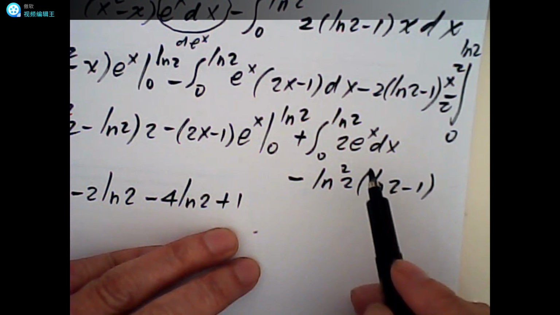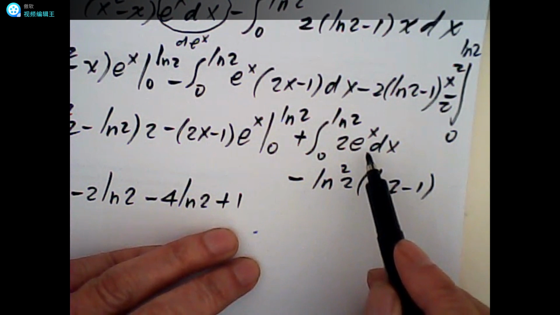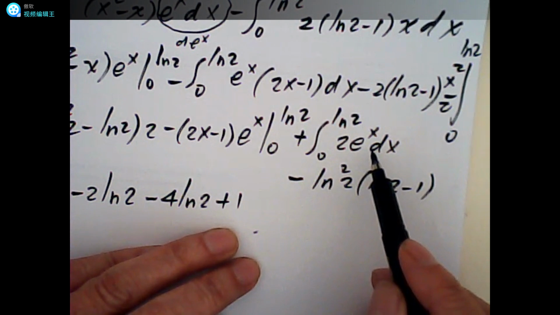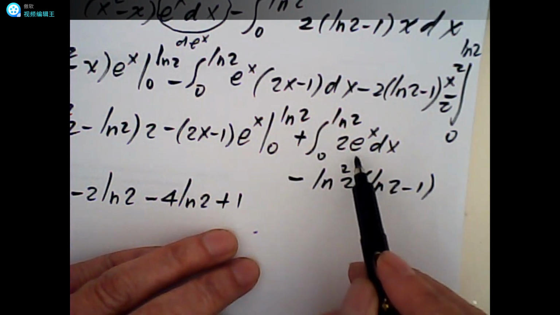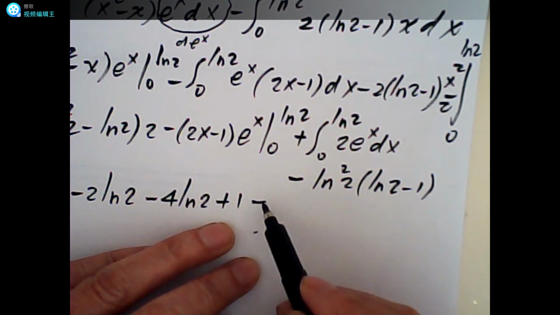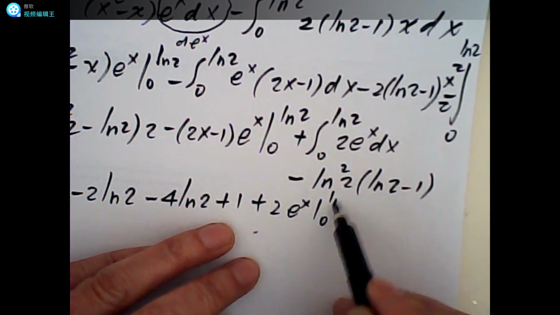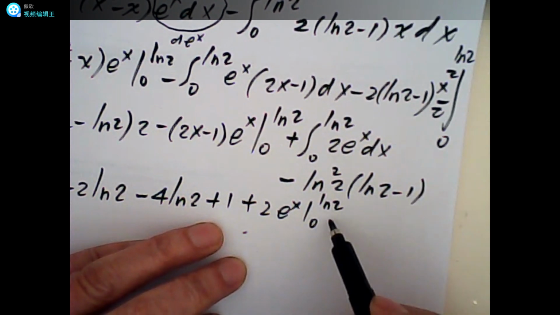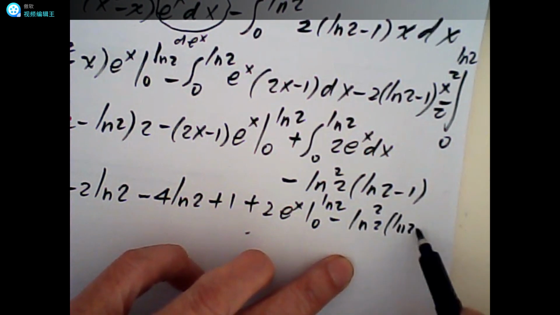And this one is plus 2 e to the x from 0 to log 2, right? Minus log square 2 times (log 2 minus 1).